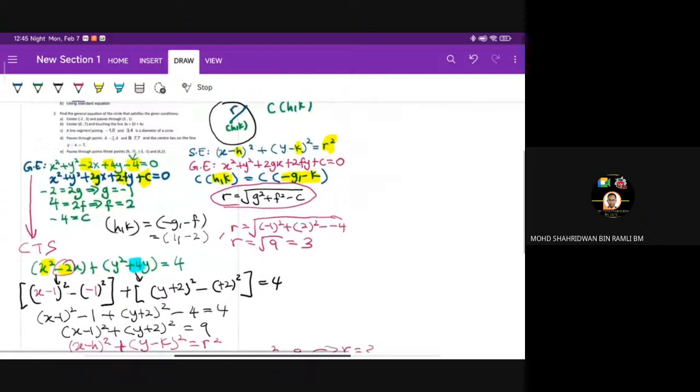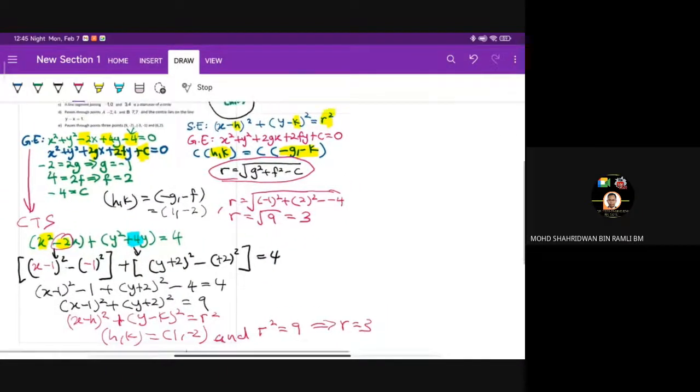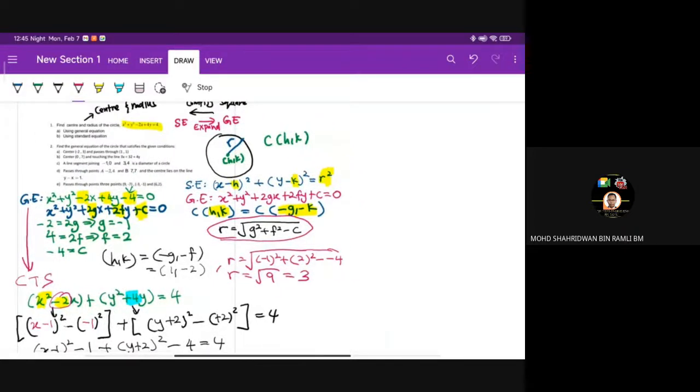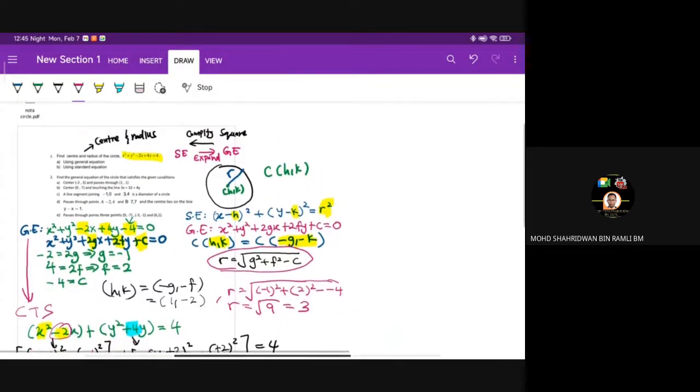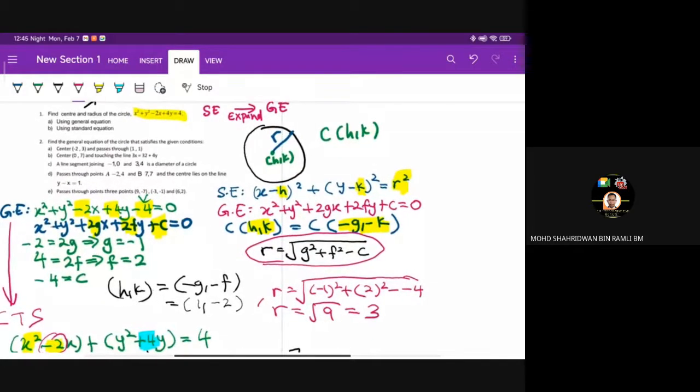So this is how you relate the general equation and the standard equation. This is the basic thing you have to know, our first learning objective, before we move to another learning outcome, which we will discuss later. After this, you need to do 2 exercises and then submit through Google Form, and then we will continue on the second learning objective. Thank you.